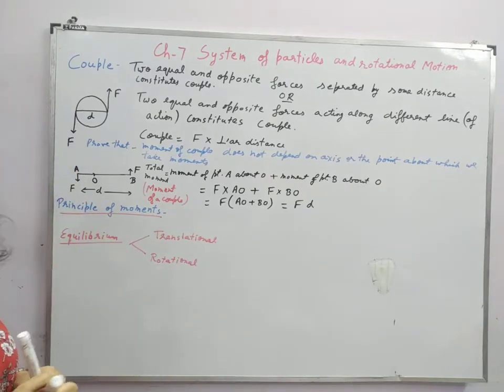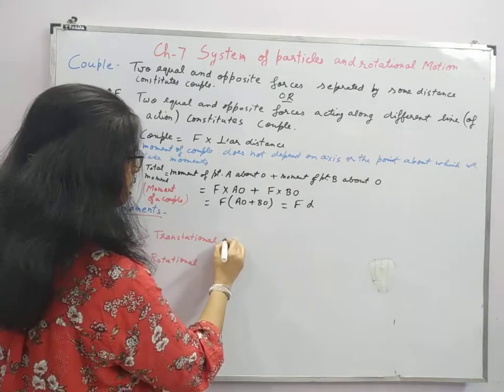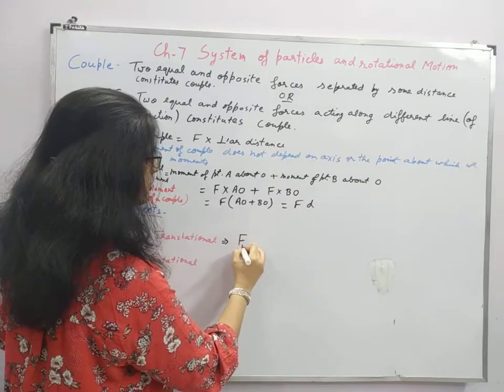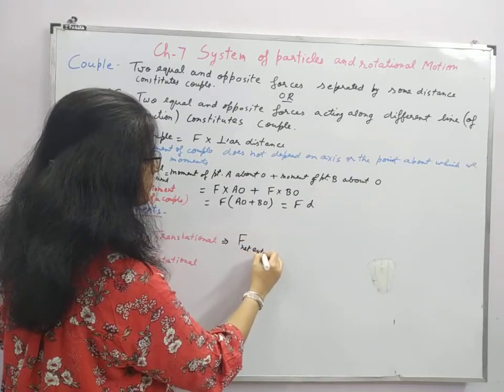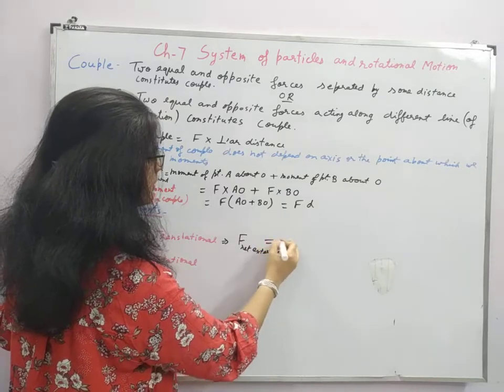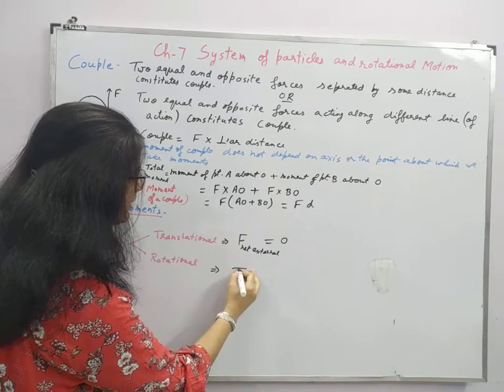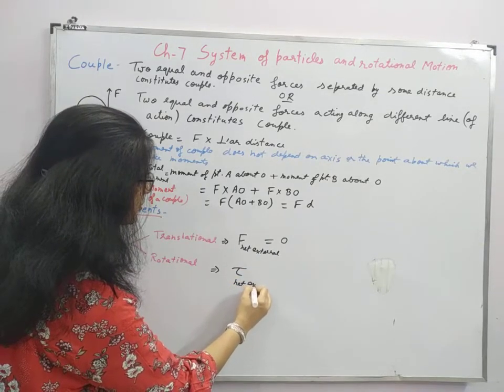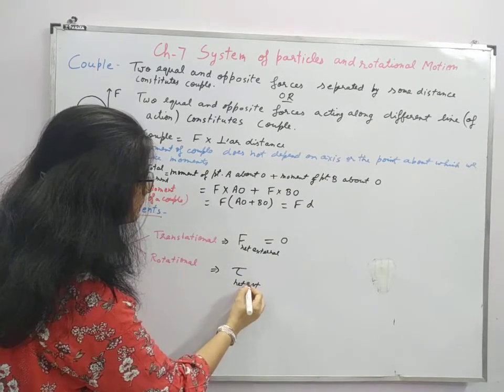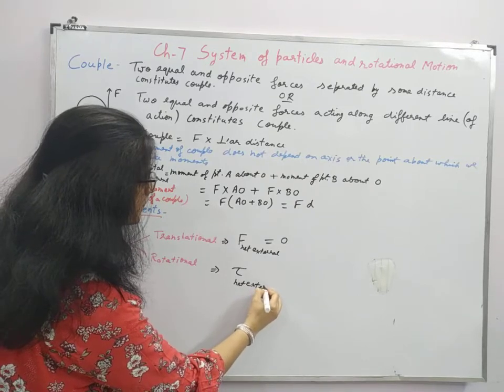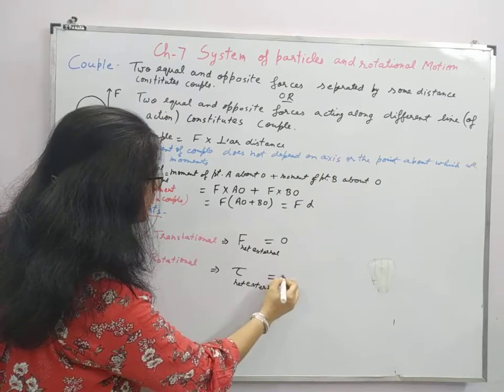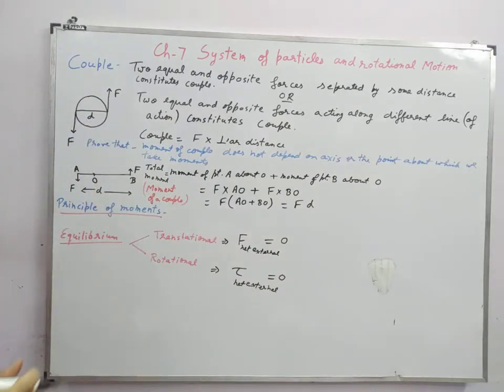Translational equilibrium means that the net external force must be 0, and for rotational equilibrium you can say that the net external torque must be 0, right? So if we are talking about the principle of moments, let's take the case of a lever.